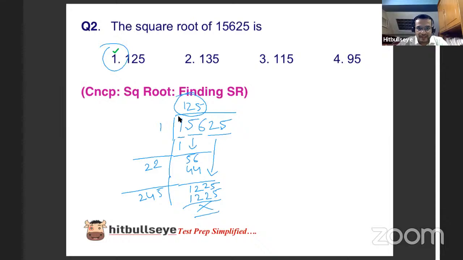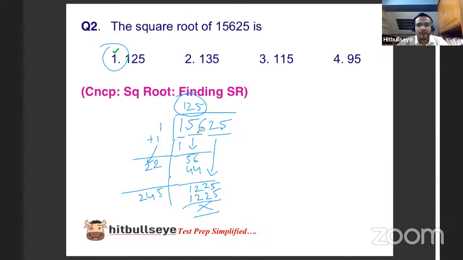Now I start dividing by taking the number I should take. So 1 will have only 1 mentioned here. So 1, 1, it cancels out. I add the same number that I've written. So 1 plus 1 is 2. I get this number here, 2.